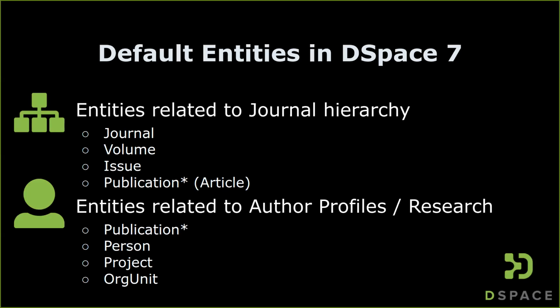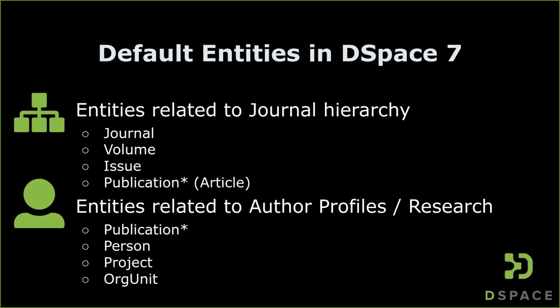So one of these models is related to journal hierarchy, where we have an entity called a journal that can be related to an entity called a volume, related to an issue, and an issue can be made up of various publications or articles. So those are all entities that are out of the box, and they have a relationship of that structure. So journals can contain many volumes, volumes can contain many issues, and issues can contain many publications within them.